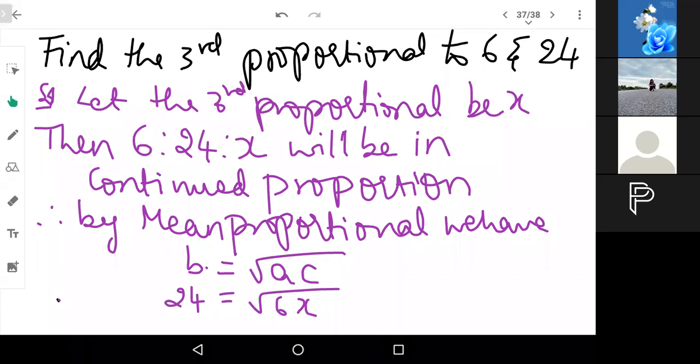Now here you have something called as mean proportional. You have a different way of solving it in proportion. Okay, so in this mean proportional, the formula is B is equal to square root of A into C. So you can directly get the answer here instead of splitting this ratio into 4 and then applying the value. Yeah, X is equal to 96 you will get. Good.